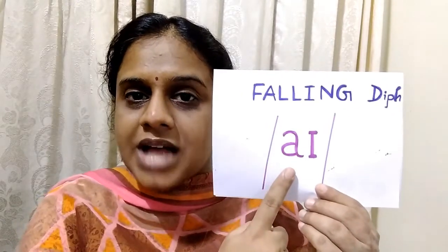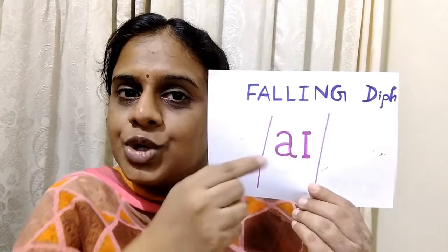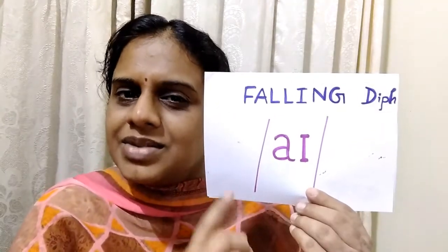I. So here the first vowel is A, which has a greater vowel quality, and the second one is rather feeble, or which has lesser prominence than the first one, I. So when it moved towards the second vowel, it was rather feeble or less prominent.